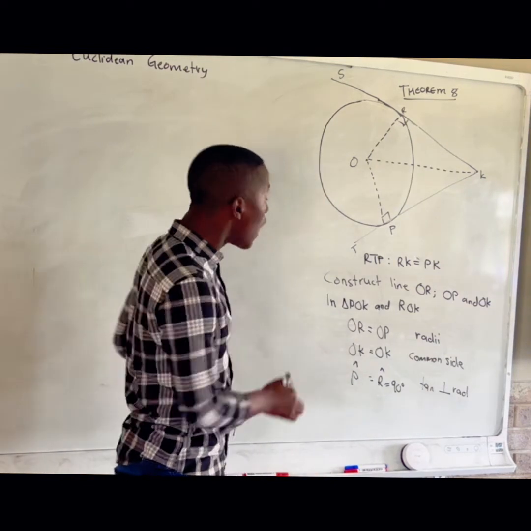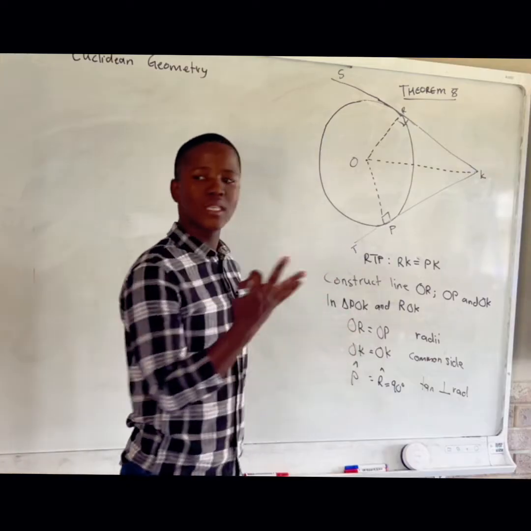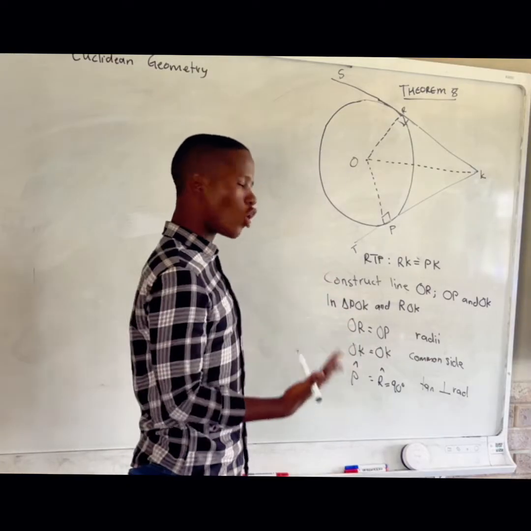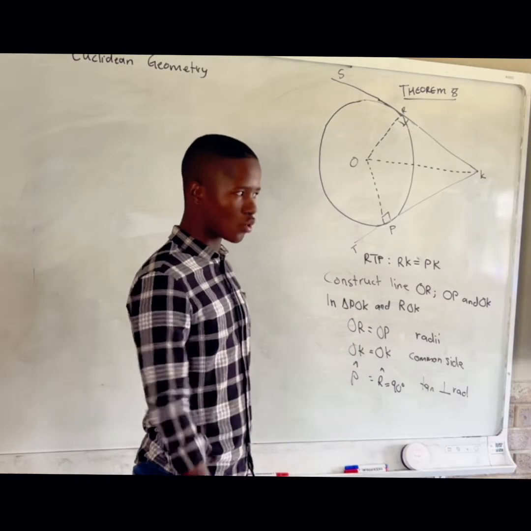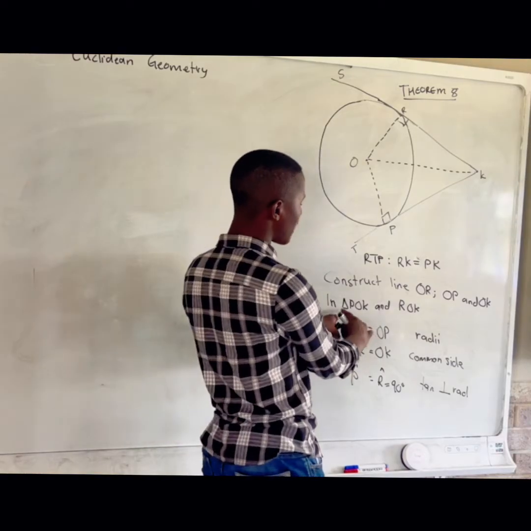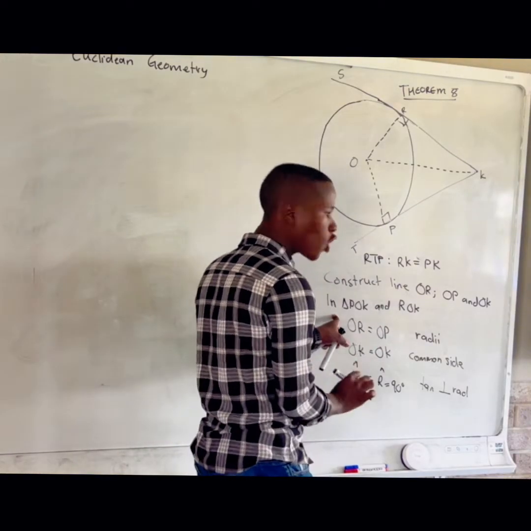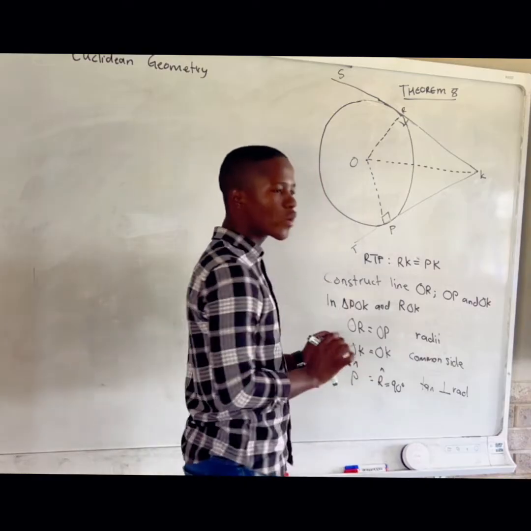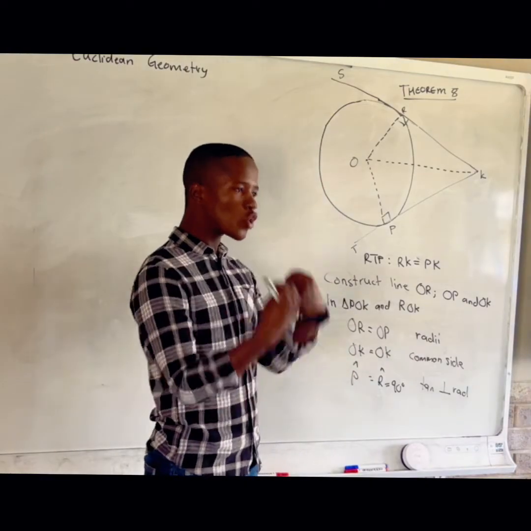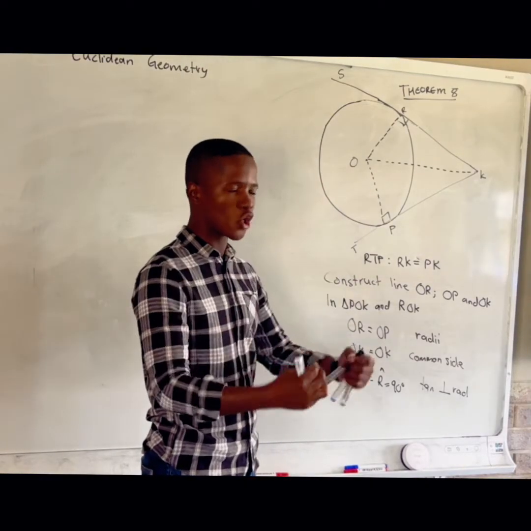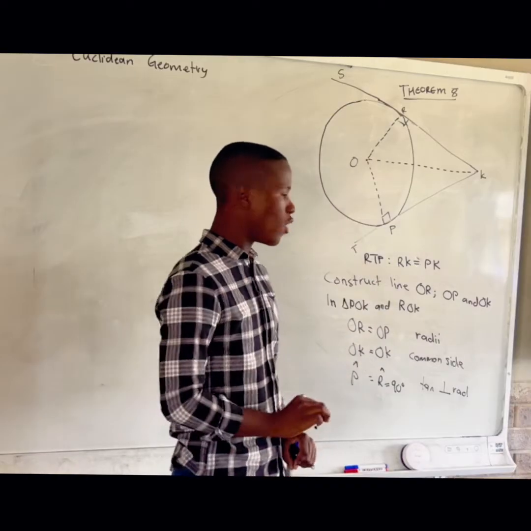Now that you have proven these three things to be the same, you can conclude the congruency of these two triangles. It is important to write it in the form that you have proven with.